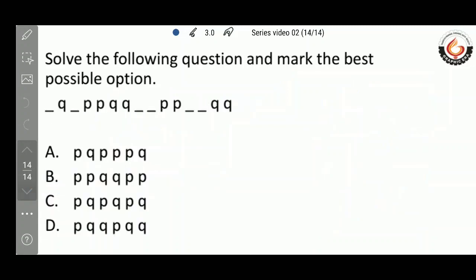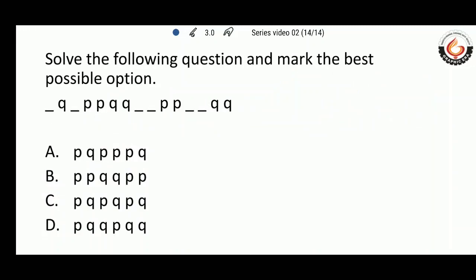Let's jump on to the last question of the day. In this, again we have to check the patterns. At times, if the pattern is long enough, you don't even need to check the whole pattern.